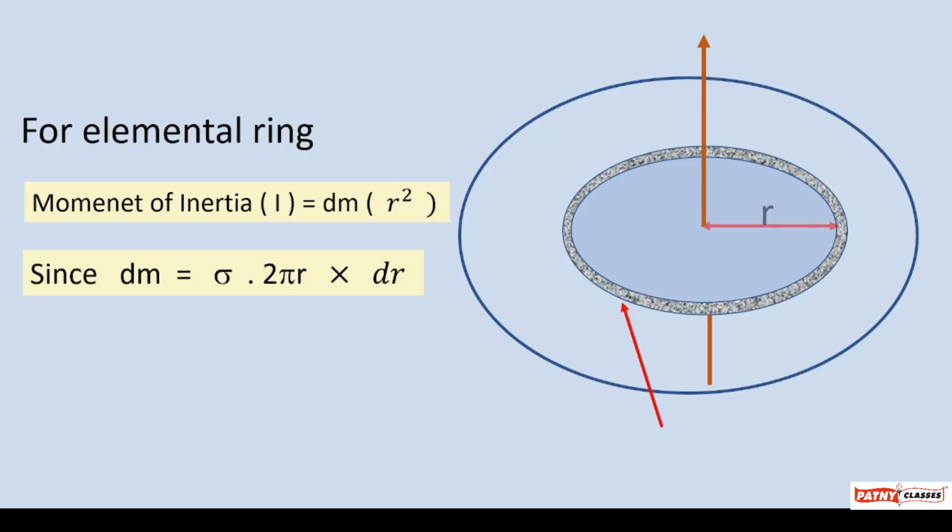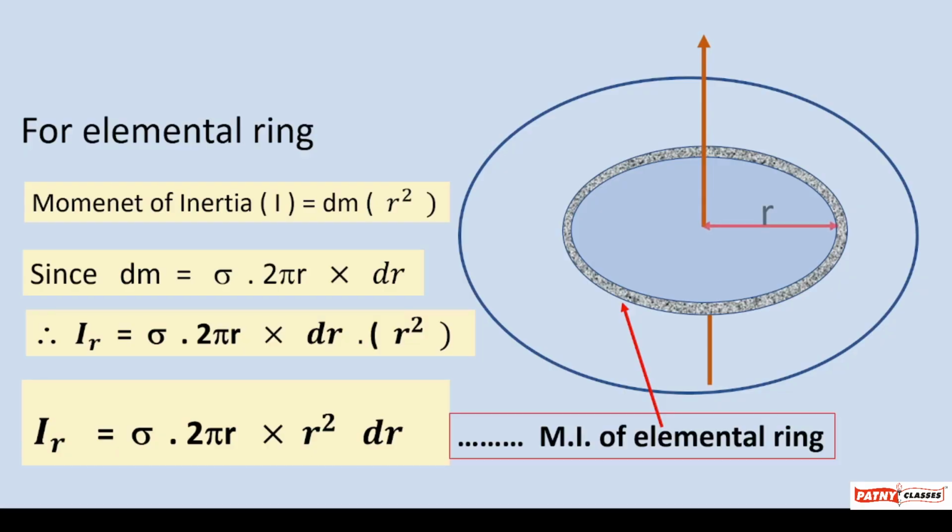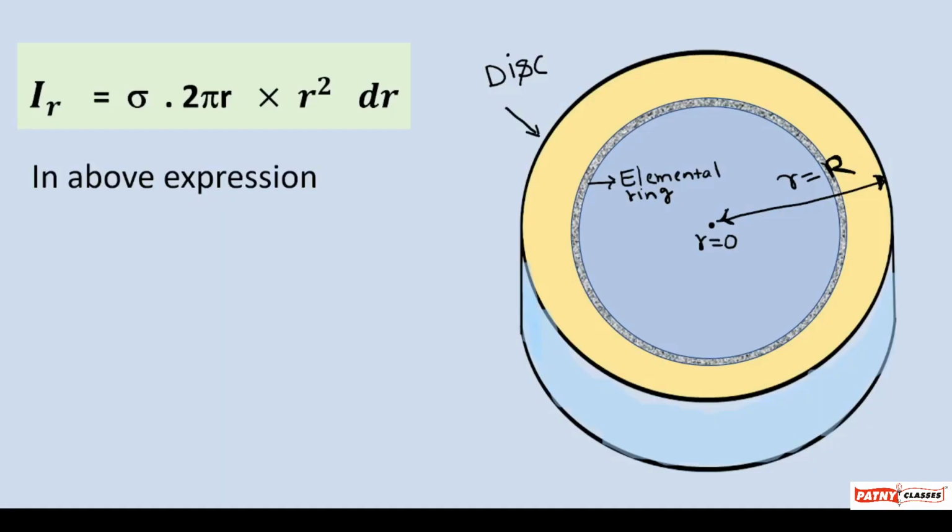But dm equals sigma into 2 pi r multiplied by dr. Therefore the moment of inertia of the ring equals sigma into 2 pi r multiplied by dr multiplied by r square. So finally, the moment of inertia of the ring equals sigma into 2 pi r into r square into dr. This is nothing but the moment of inertia of the elemental ring.